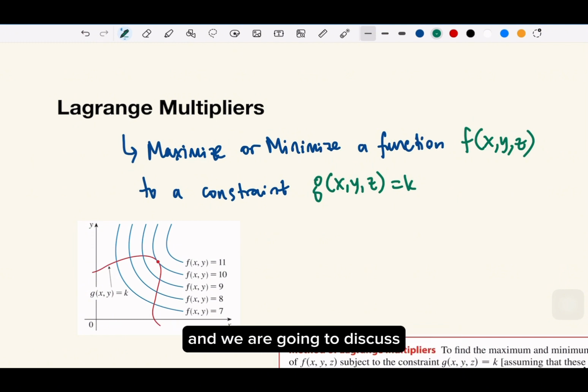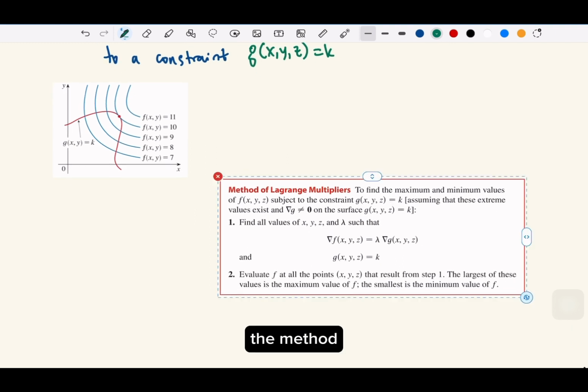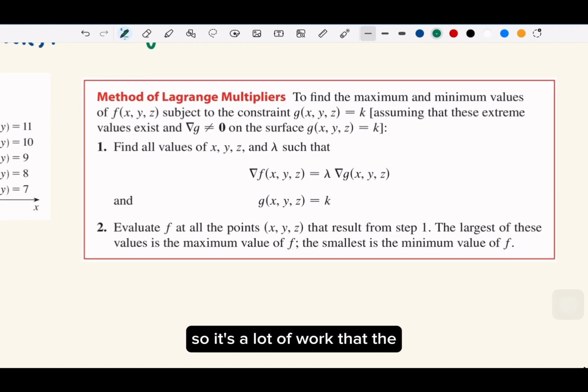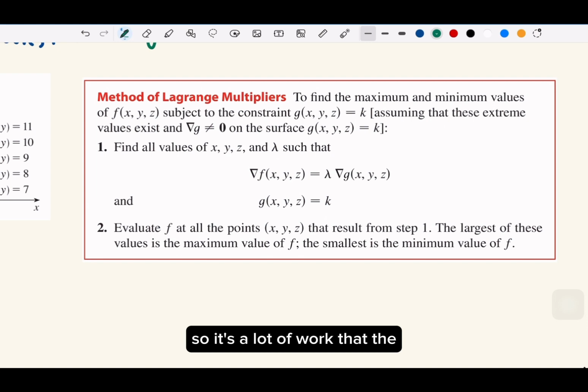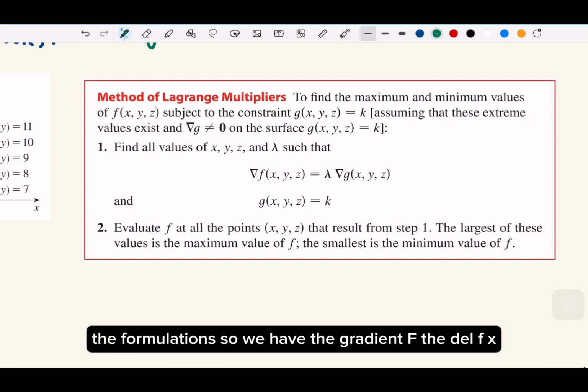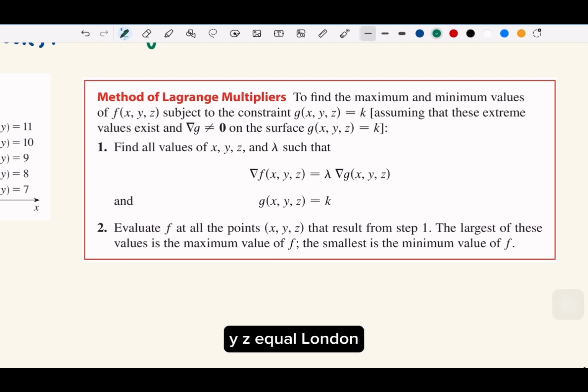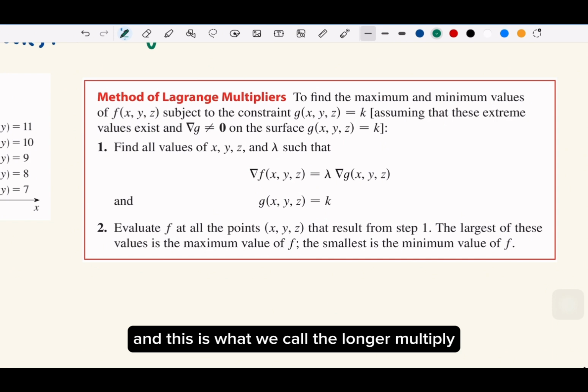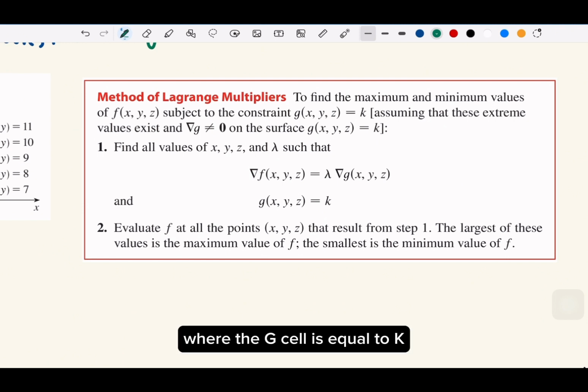So the gradient of f equals the gradient of g multiplied by something, and that something we call the Lagrange multiplier. Let me write the method here. It's a lot of words, but the important one is the formulation: the gradient of f, del f(x, y, z), equals lambda, which is the Lagrange multiplier, multiplied by the gradient of g, del g, where g itself is equal to k, the level curve k.